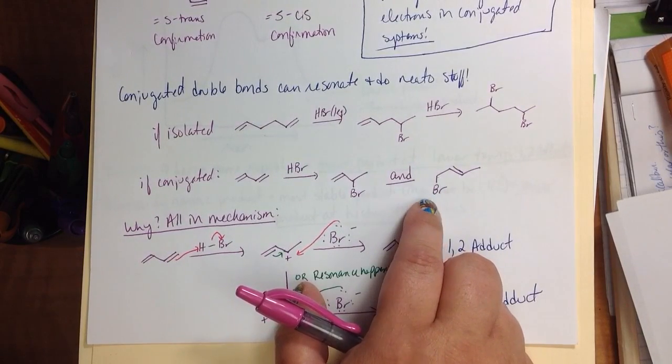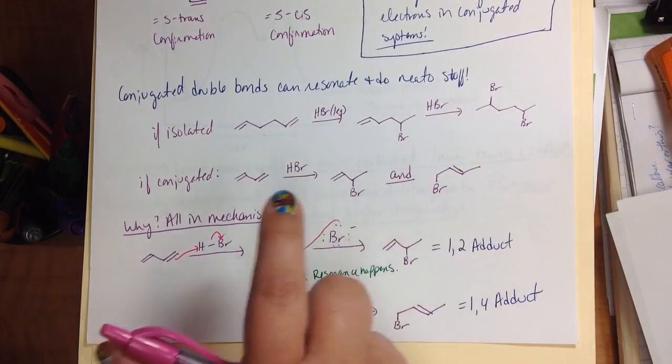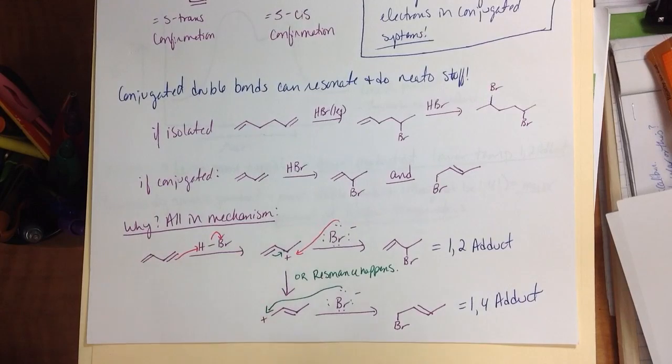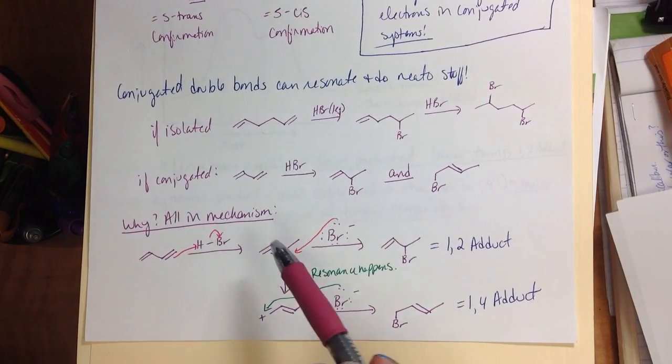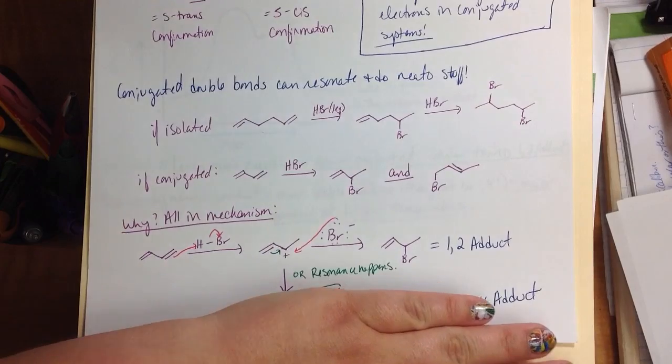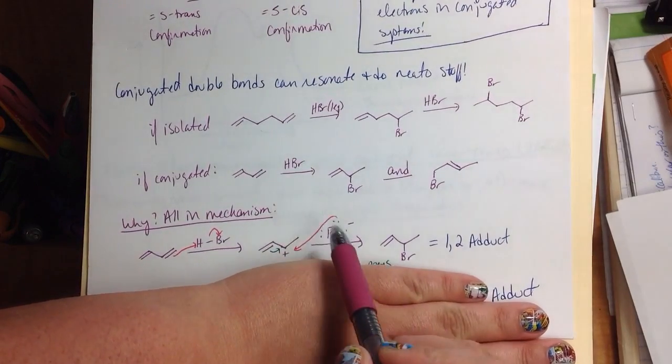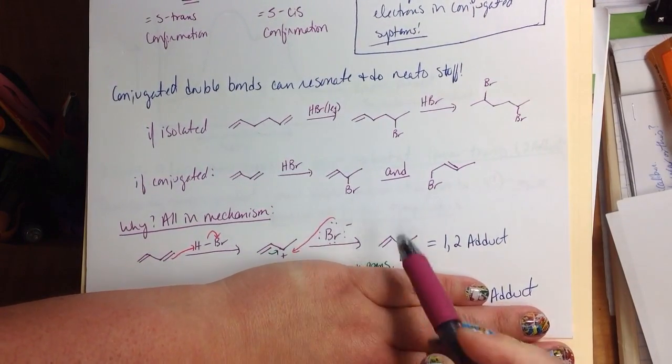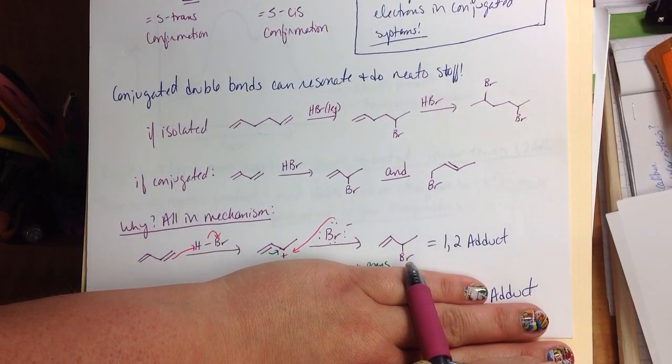So let's look at how that relates to the mechanism. In a conjugated system, first the hydrogen is grabbed and you make a carbocation, just like you would in an isolated double bond. I'm going to follow the pink here, ignore this for right now, and what we find is that the bromine would then go here and you would end up with a bromine exactly where you expected it.